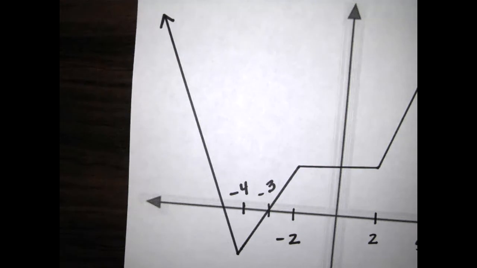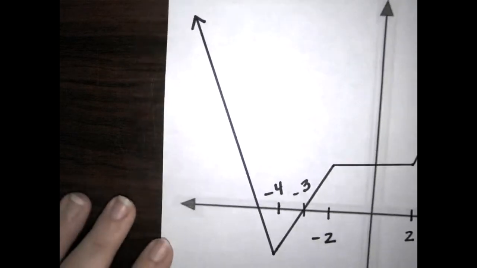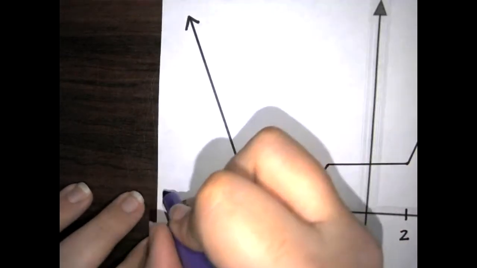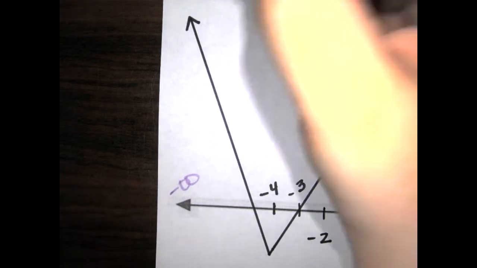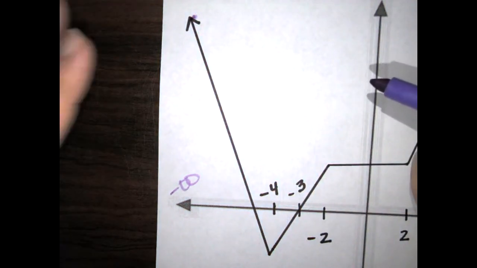So what I like to do is put my pen on my graph. I'm going to start over here, and this is my negative infinity side. So I'm going to put my pen up here on the top, and I'm just going to start tracing my actual graph.